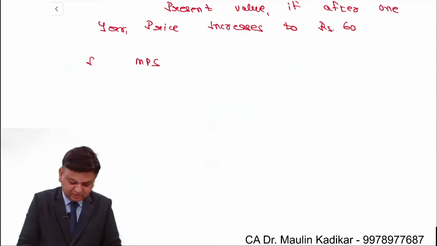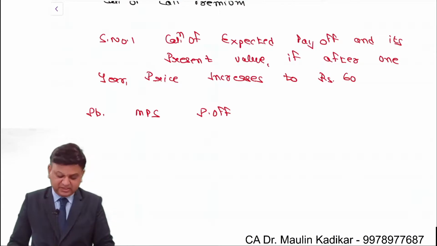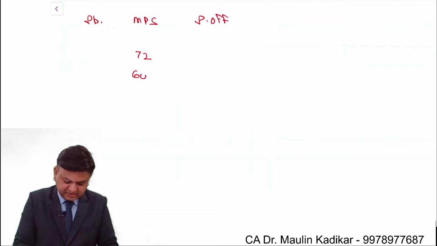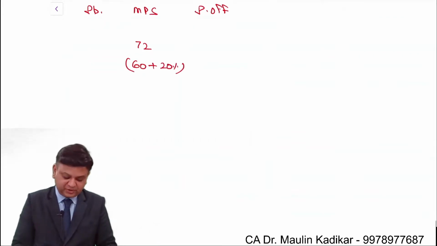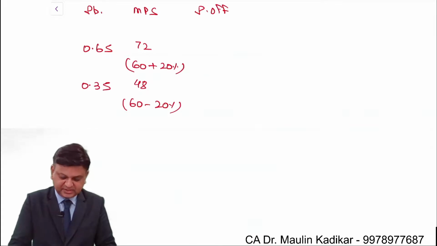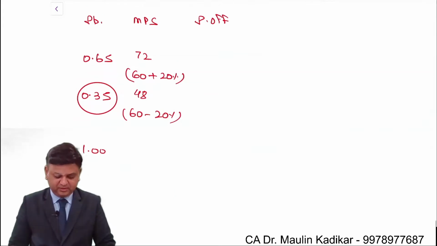Market price of the share, probability, payoff. Now if the price increases to 60, then afterwards the price may increase to 72. That is 60 plus 20%, or it may fall down say to rupees 48. 60 minus 20%. There are 65% chances that the price will increase. So balancing figure 35% chances the price will fall. And the total will be of course 1.